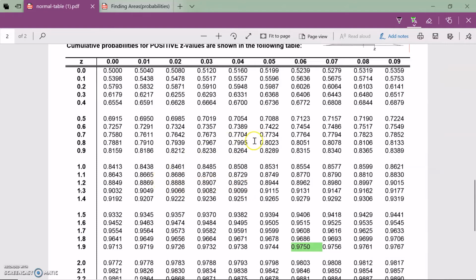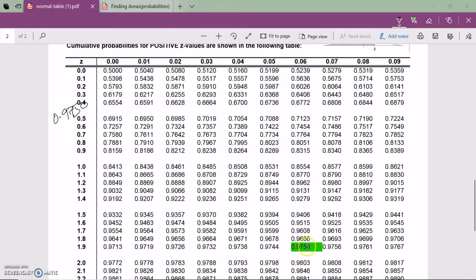This is the table for the normal probability distribution, and we are trying to find this value 0.9750, and we try to look at this value in the body of the table, and we are able to find it. This is the value 0.9750. We were lucky and we were able to find the exact value. So the question that comes to the mind, let's say if we are not able to find the exact value, then what should we do?